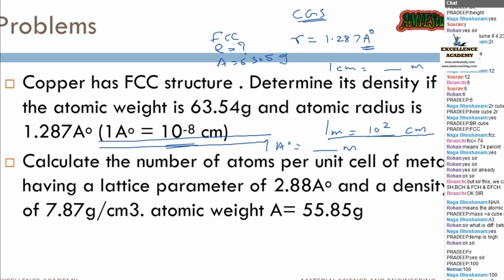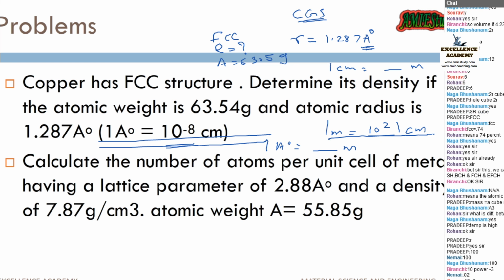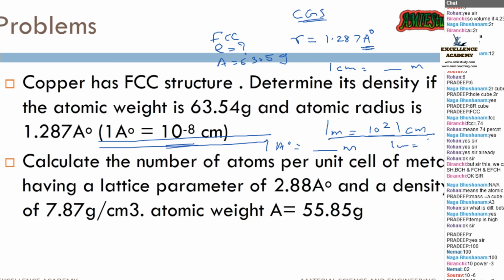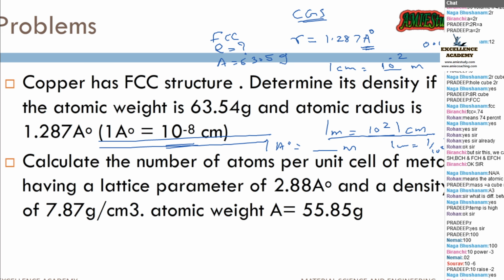One meter is equal to 10 square centimeter. That is known to us, isn't it? Then 1 centimeter is equal to 1 by 10 square meter. That means 10 raised to minus 2 meter. Am I right? That means 0.01 meter.